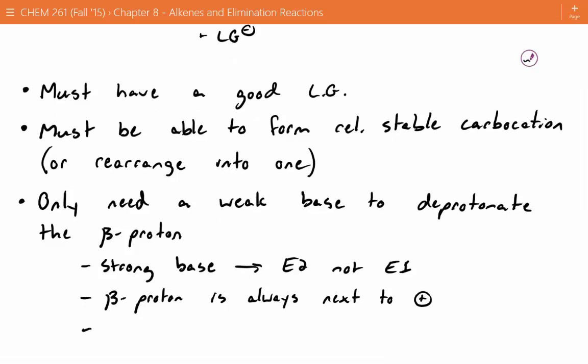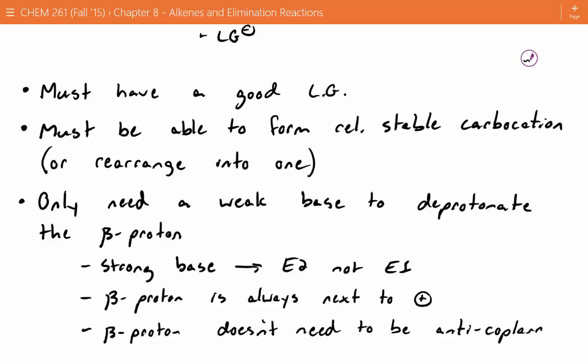And we said that the beta proton doesn't need to be anticoplanar. Which makes these reactions a lot easier to anticipate.